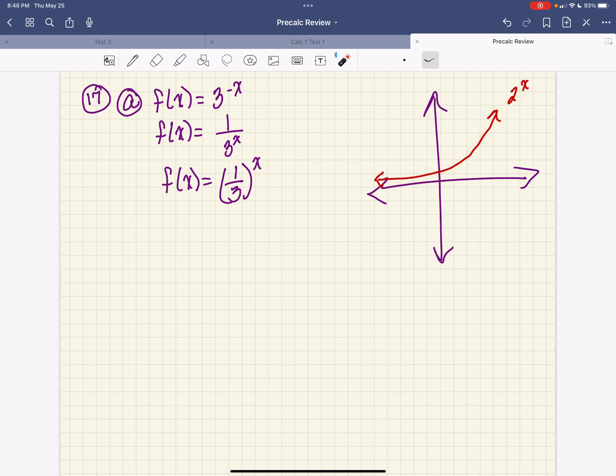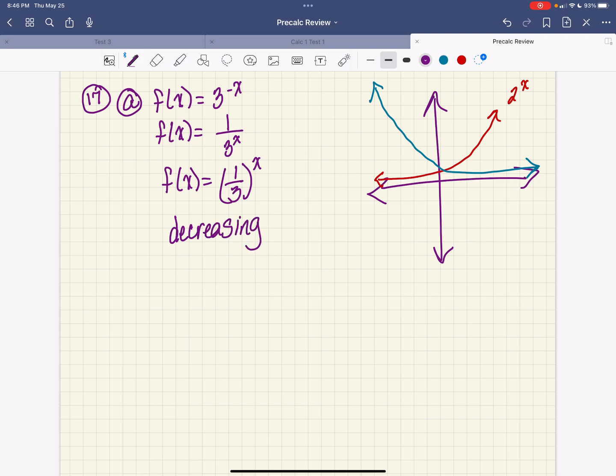So that's 2 to the x. But what we have here is a fraction, something between 0 and 1 as our base, and that function is going to look opposite. It's going to look like this right here. And so this function right here is going to be decreasing.